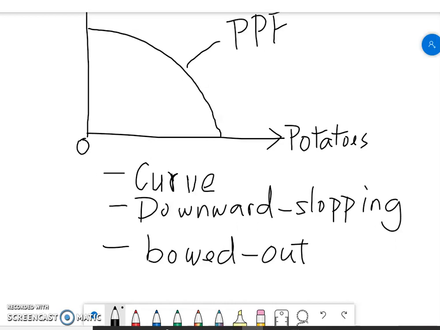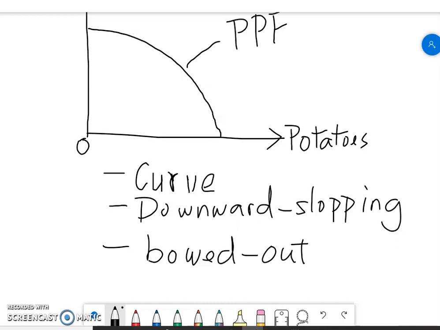Now here we're going to use the economic intuition or the principles to make sense of these things. We're going to start with this downward sloping feature and see why the PPF should slope downward.